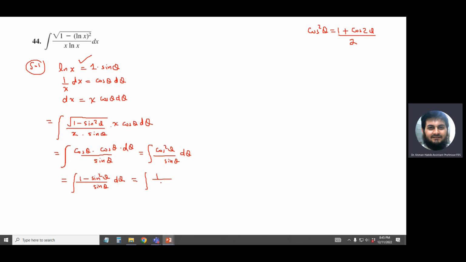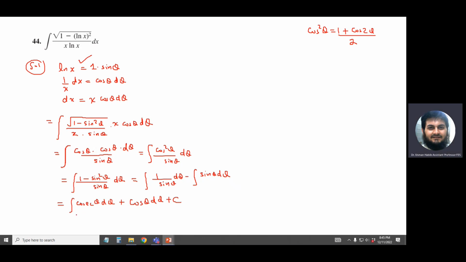If I now divide by the denominator, this is exactly equal to 1 over sine theta d theta minus sine square over sine, which is just sine of theta into d theta. Now 1 over sine is cosecant theta d theta, minus the integration of sine, which is minus cos, so minus minus becomes plus cos of theta d theta, plus the constant of integration.